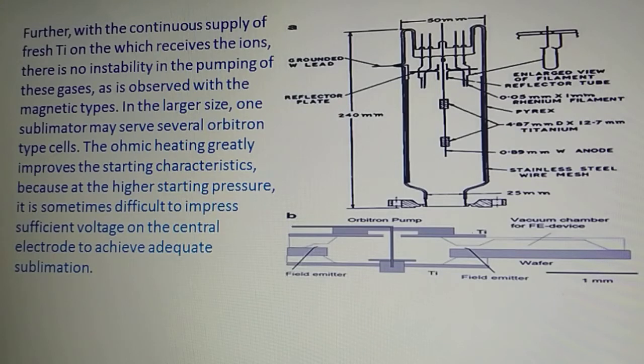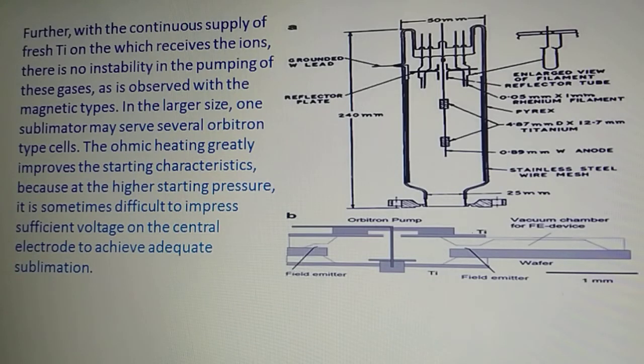Furthermore, with the continuous supply of fresh titanium which receives the ions, there is no instability in pumping of gases, as is observed with the magnetic types.